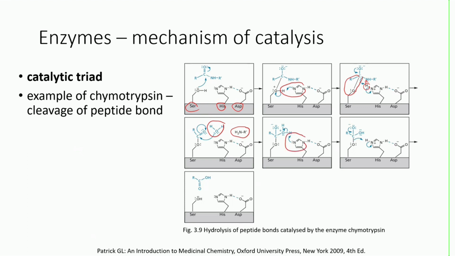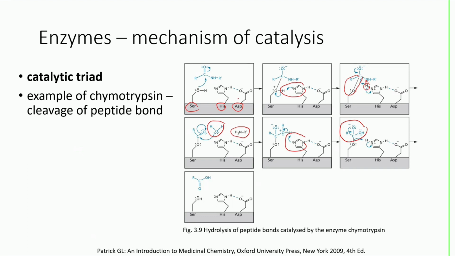Histidine is assisting again by accepting the proton from water, and the carboxylic acid is then formed and released from the binding site.